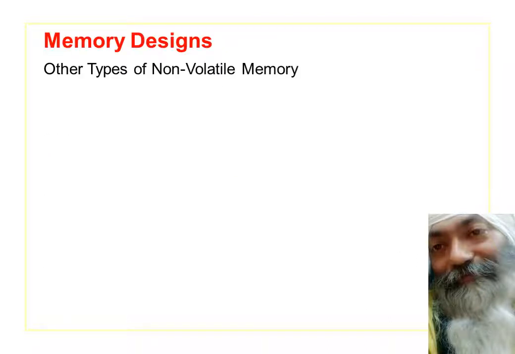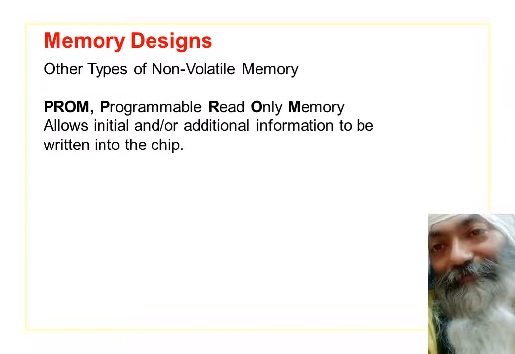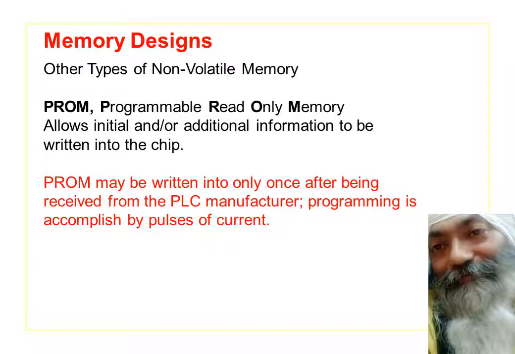We have other types of non-volatile memory. One is programmable read only memory, because here it allows the initial or additional information to be written on the chip. So it's not to be programmed at the factory level. It can be programmed in the field. That's why it is called PROM, or programmable read only memory. And this PROM may be written into only once after being received from the PLC manufacturer.